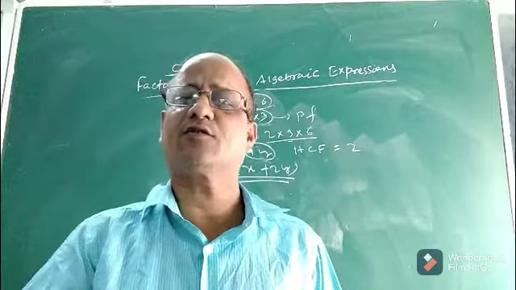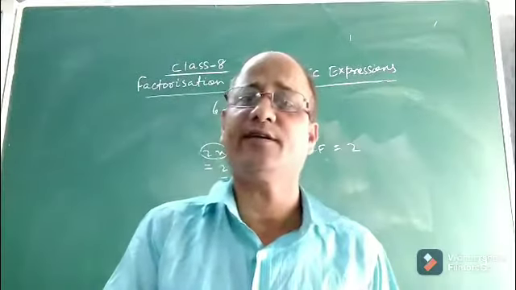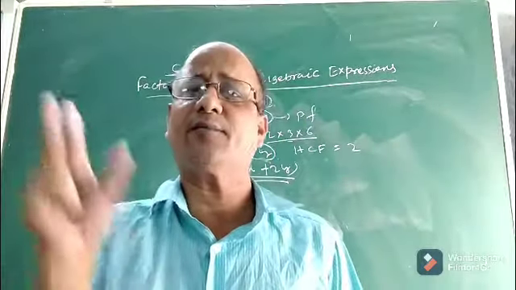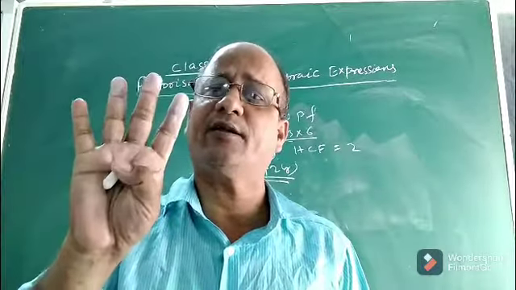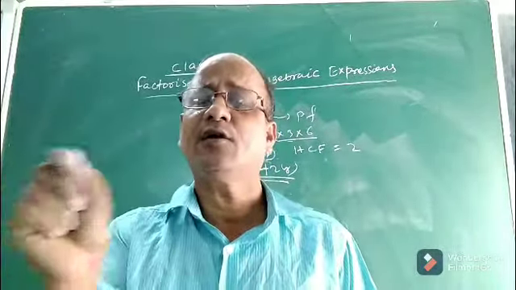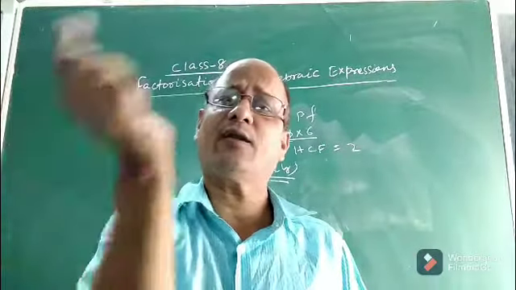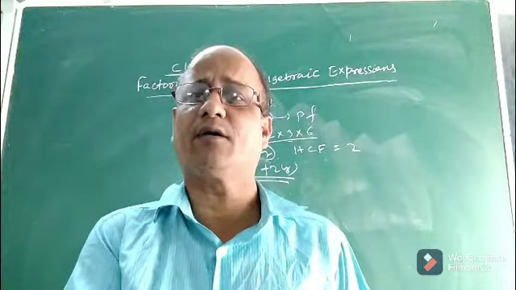Okay, we will discuss those things when problems come in this particular class, that is class 8. By rearrangement of terms. That means suppose you are given an algebraic expression containing 4 terms, a quadrinomial. There are 4 terms, so you rearrange. Rearrange means bring one term near the other, and then take common.